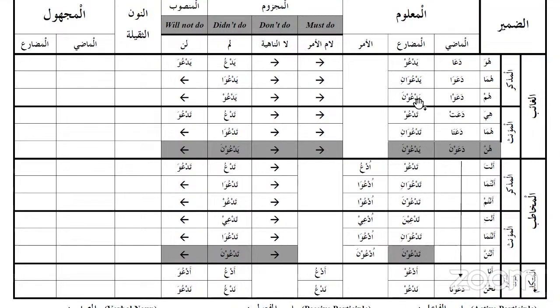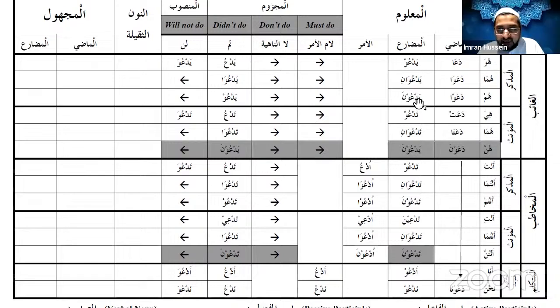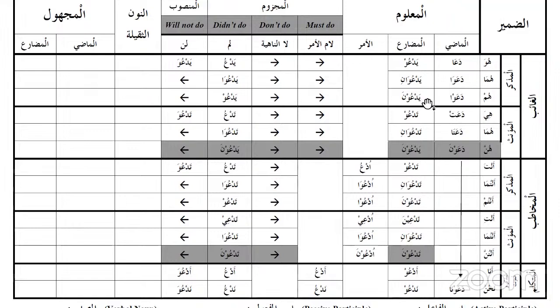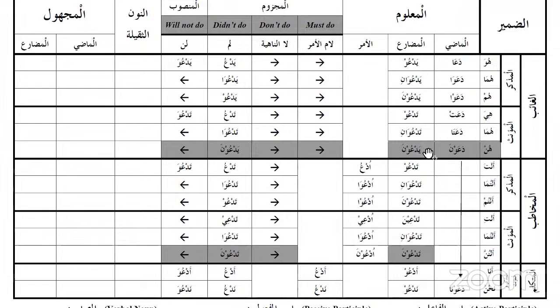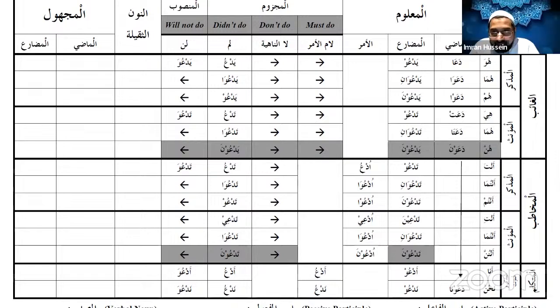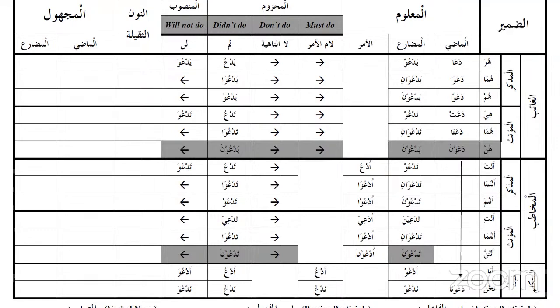So yad'uwani, yad'una, not yad'uwuna, it's yad'una. And if you see this one here, the plural masculine and the plural feminine, both of them are the same: yad'una and yad'una. Normally they're not the same. So over here, the noon is not the noon of i'rab, it's the noon of the feminine. But up there, the noon is the noon of i'rab.